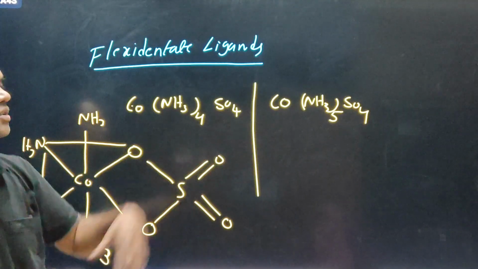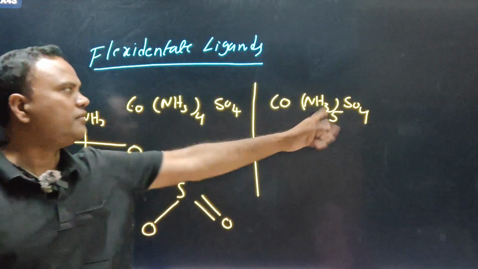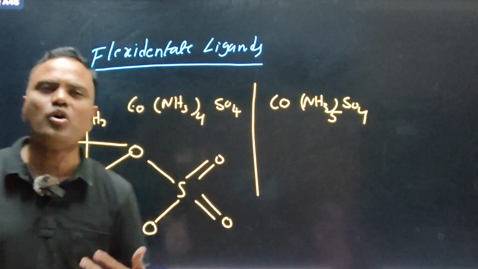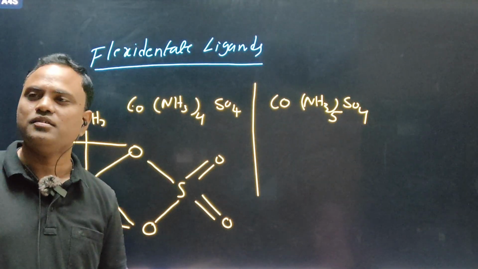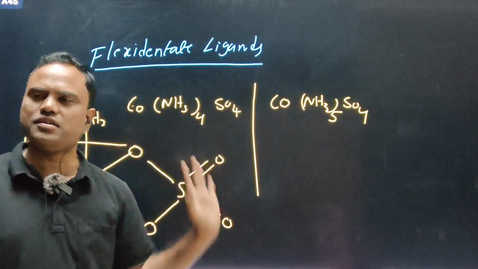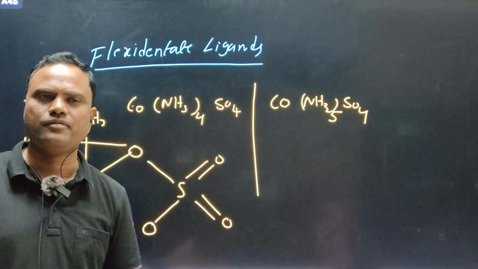Clear? See this one, the second one. In the second one, how many ammonia ligands are present? 5 are present. More, how many ligands does it require? Cobalt requires 6. Already 5 ligands are present. More, how many? 1.